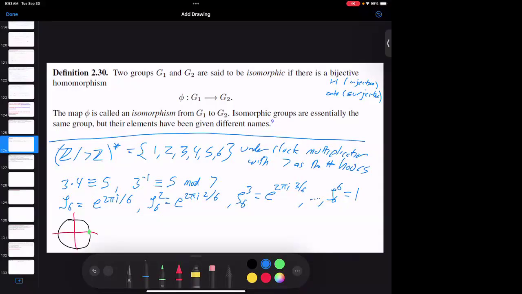This is a cyclic group, right? So it's generated by zeta 6. What do you notice about this cyclic group and Z mod 7Z star? What do they both have in common?